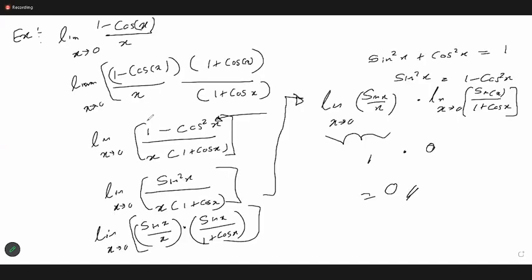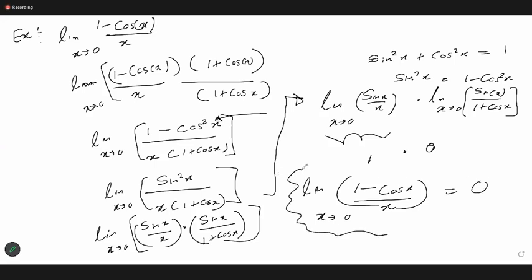Limit of, so basically I need to tell you another one. Let's go back again. I will highlight this one. This one is very useful. Limit of 1 minus cos x divided by x when x approaches 0 is 0. So you have to highlight this point also. If you see this part at any point, you can just apply 0.